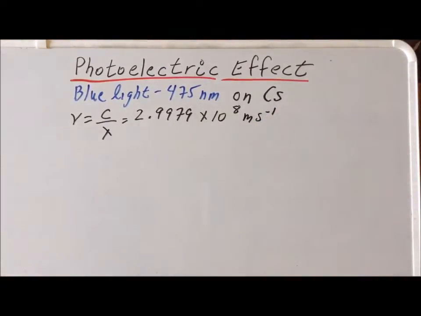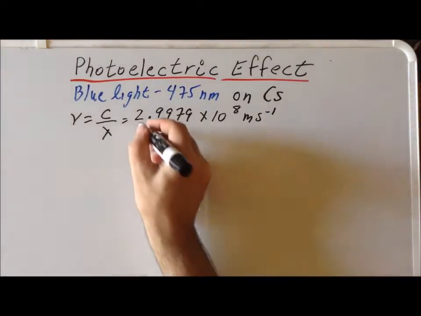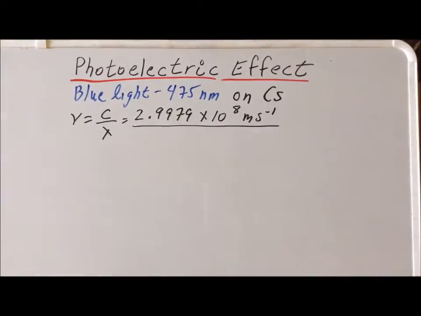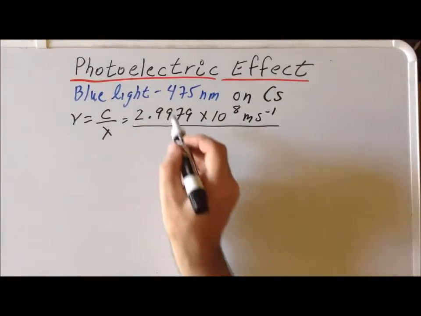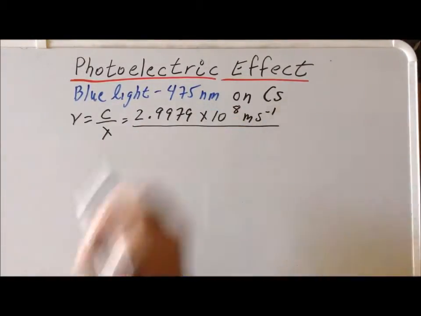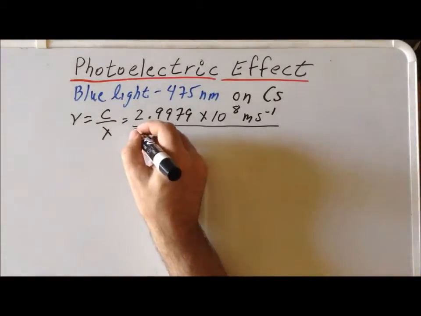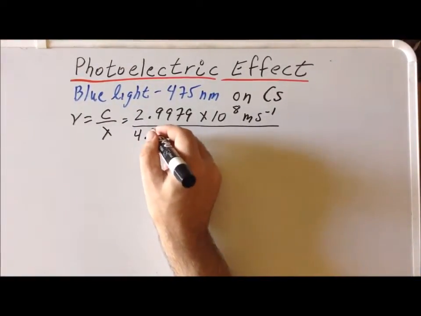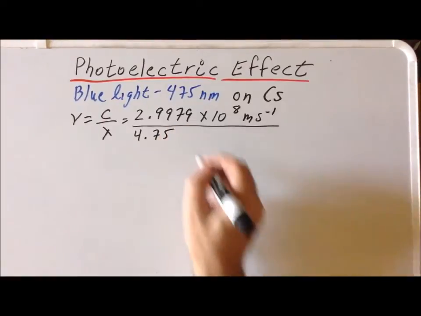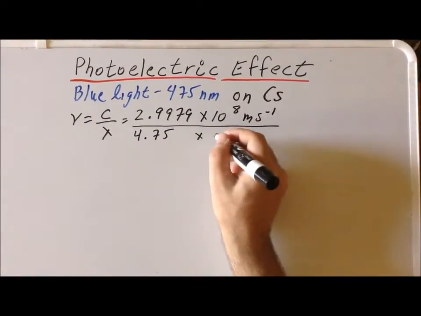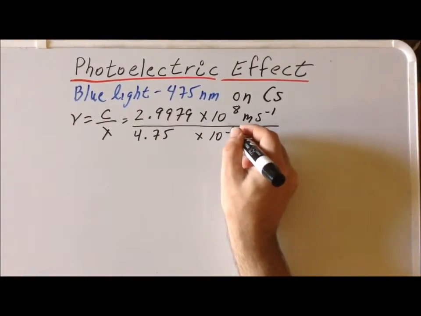And we know that our specific blue light in this situation is going to be 475 times 10 to the minus 9 meters, or using the trick that we've used before, you can write this as 4.75 times 10 to the minus 7 meters.